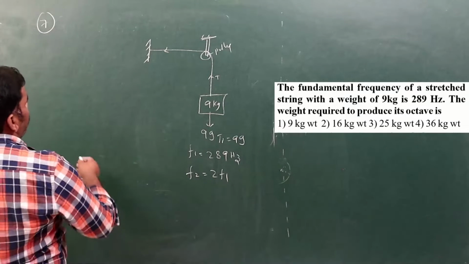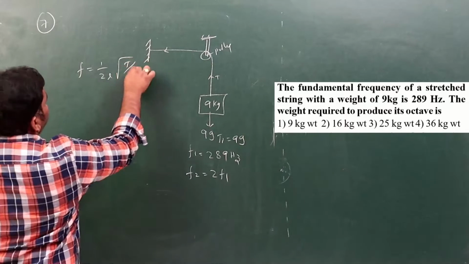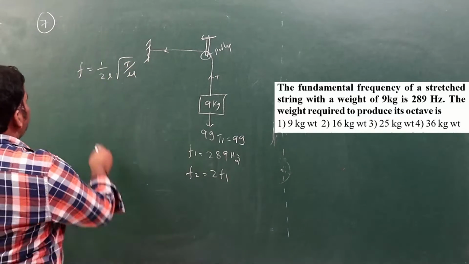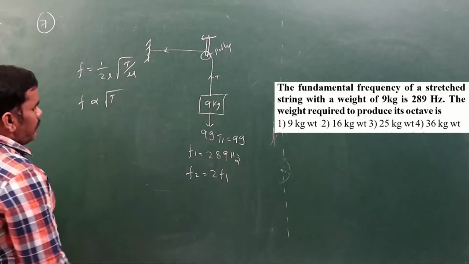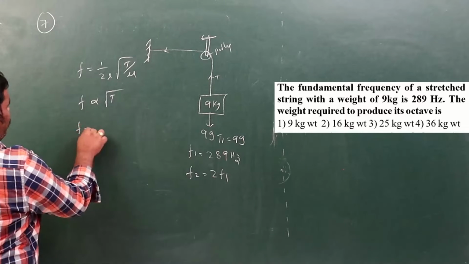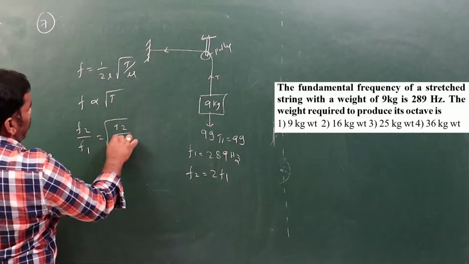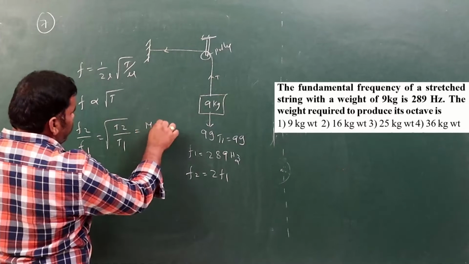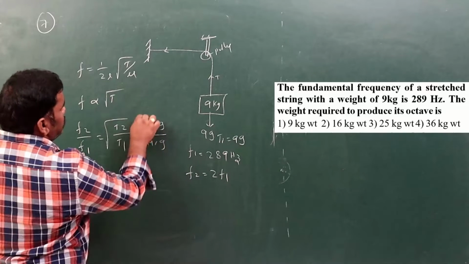We know the fundamental frequency F is equal to 1 by 2L into under root of T by m. Length does not change and linear density does not change, so frequency is directly proportional to root T. So F2 by F1 is equal to under root of T2 by T1, where T2 is M2g and T1 is M1g.